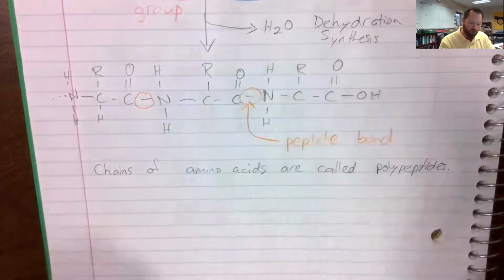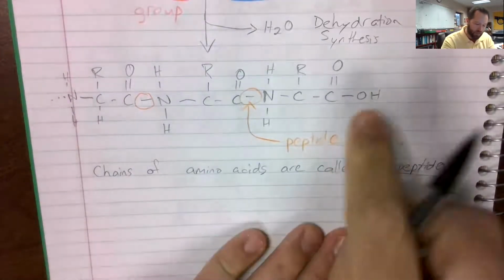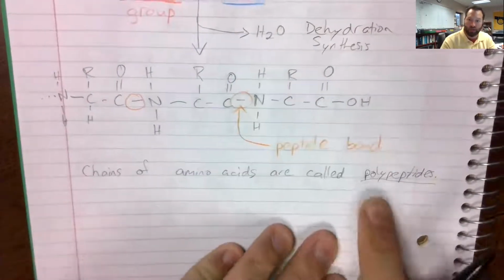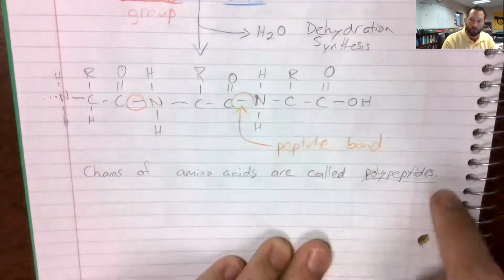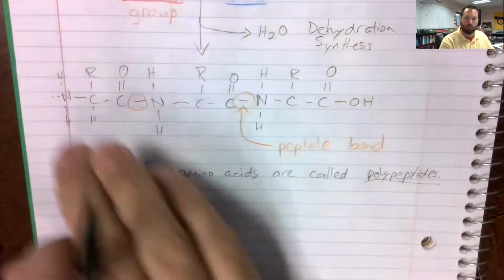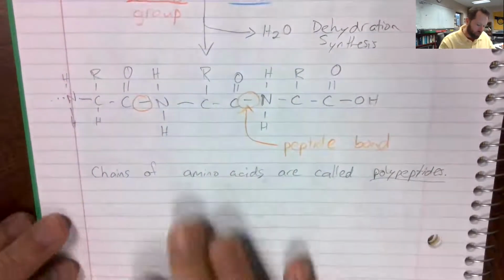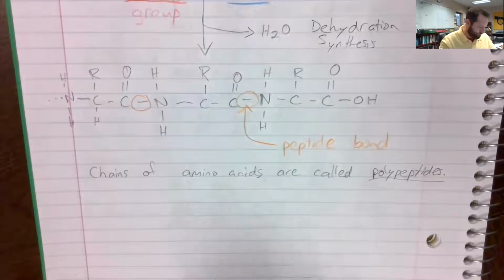So these big long chains of amino acids are called polypeptides. And you can probably see why. Poly meaning many, and peptides are the bonds between them. So many of these types of bonds gives us a long chain of amino acids.